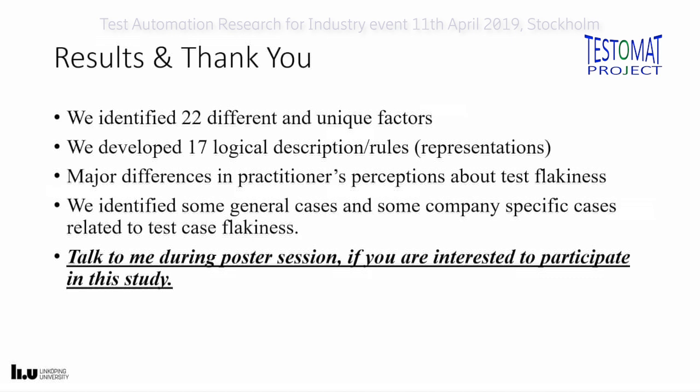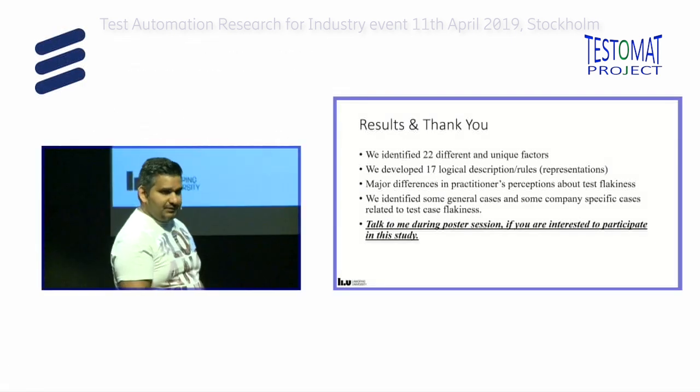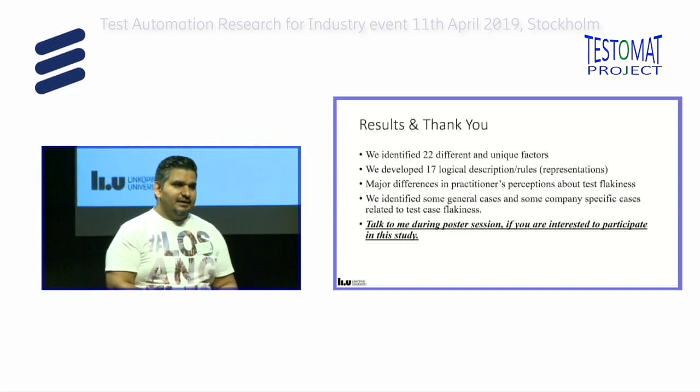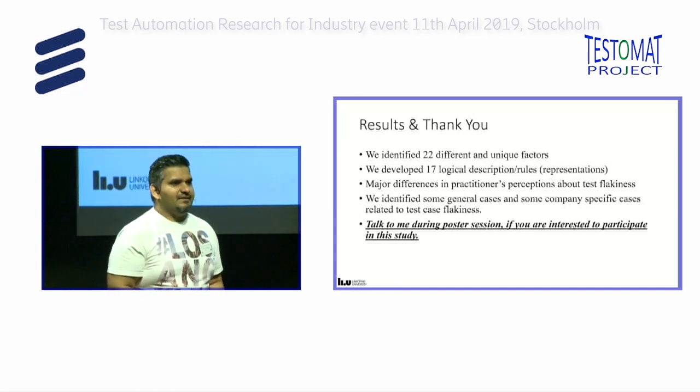They are mostly around your system under test, for example, lack of environment understanding, complex system, you should test the test, hard coding, and all these factors. We have identified 17 logical descriptions of whether combining one factor with another increases or decreases test flakiness. And we measure perception, that is, how people perceive test flakiness.